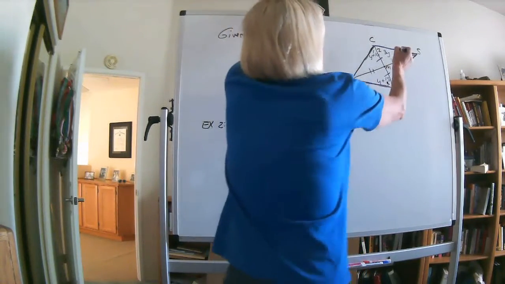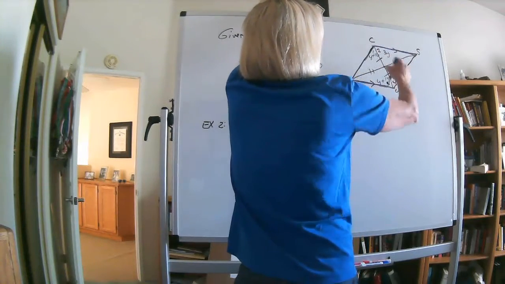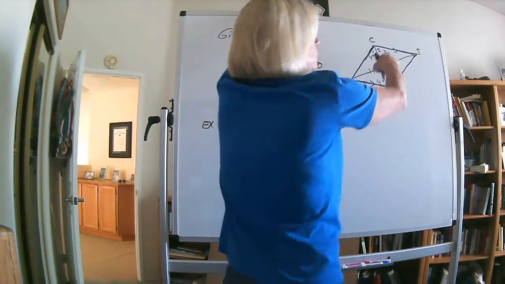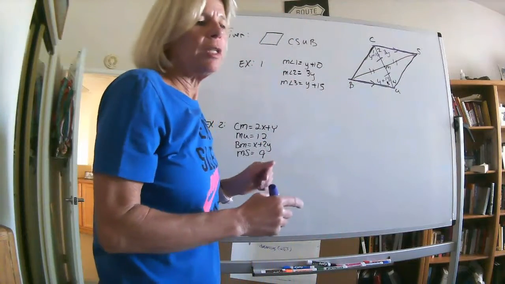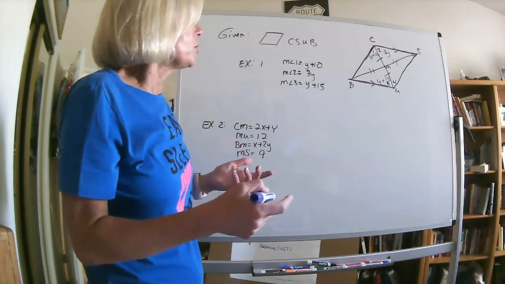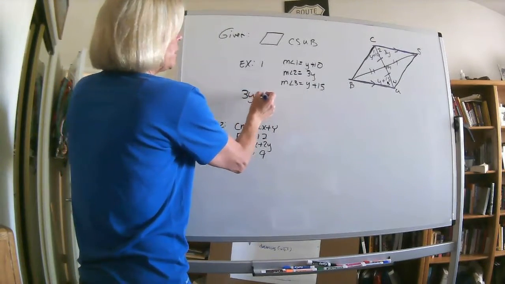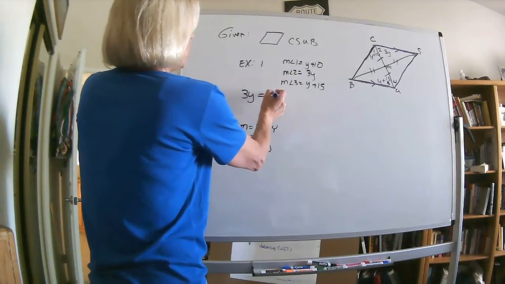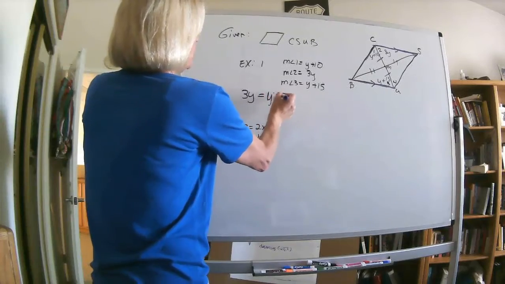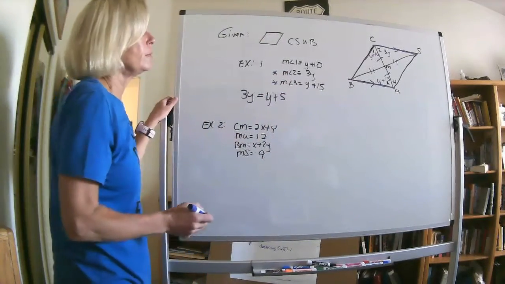If I look at these two parallel lines cut by a transversal, angle 2 and angle 3 are alternate interior angles. And I know that alternate interior angles are congruent. So I'm going to set 3y equal to y plus 15. Angle 2 congruent to angle 3.